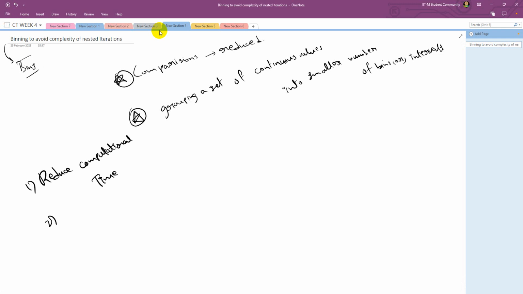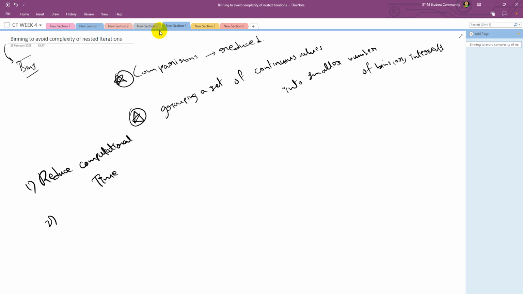Binning can also improve data clustering. We create the data into similar clusters by grouping similar values together into bins.